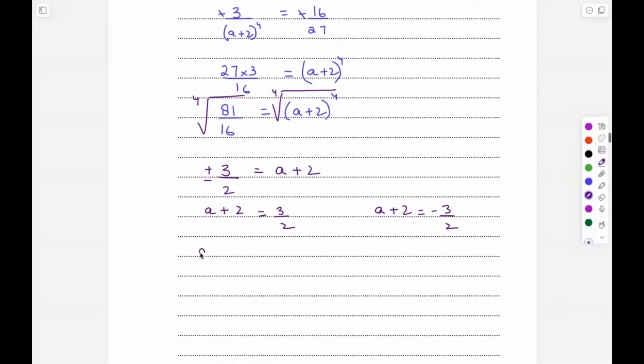So 3 upon 2 minus 2, that is 1.5 minus 2, will become minus 1 upon 2, and minus 1.5 minus 2 will become minus 3.5 or minus 7 upon 2. So the two values of a will be a equals minus 7 upon 2, or a equals minus 1 upon 2.